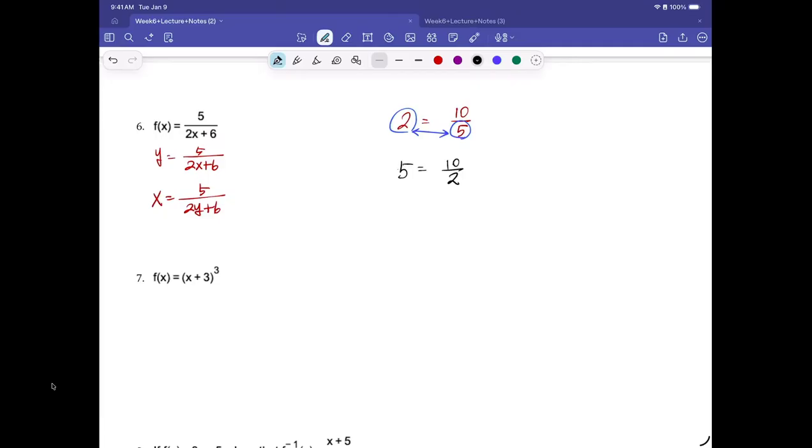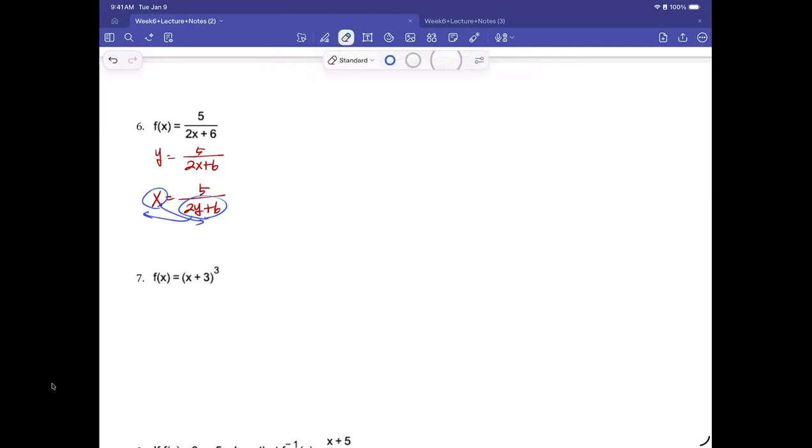I'm going to flip it. x and 2y plus 6. Flip it. Like that. So then 2y plus 6 is equal to 5 over x. It's the same thing.